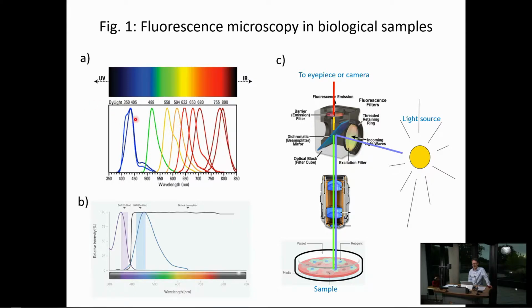So across the whole visible spectrum, you can get a whole bunch of dyes that, if you use filters critically and in an optimal fashion, allow you to distinguish several dyes at once. But you can see one of the problems that you always face when having multiple dye labels is spectral overlap. Each of these spectra is bleeding into some of the adjacent spectra. And so your ability to discriminate rests on your ability to really distinguish clearly between two different colors.